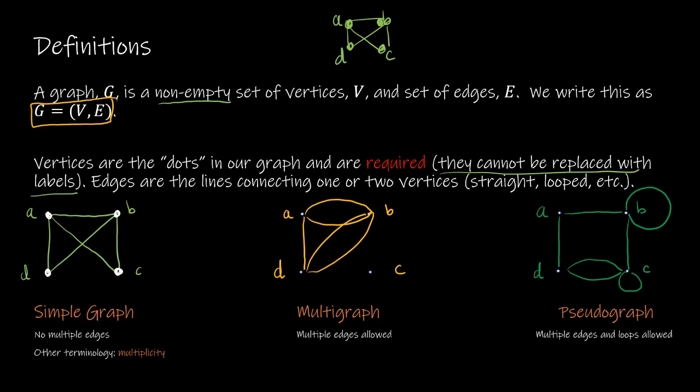The other terminology that I want to talk about on this page in particular is multiplicity. So when we talk about multiplicity, we just talk about how many edges are between two sets of vertices. So A and B, notice there are two edges connecting those vertices, so that has a multiplicity of 2.